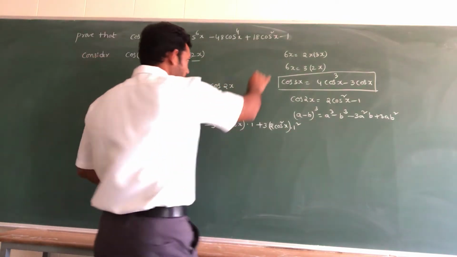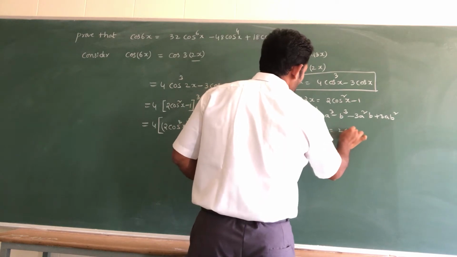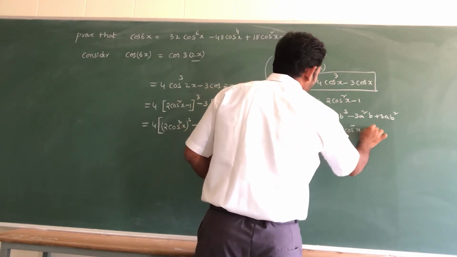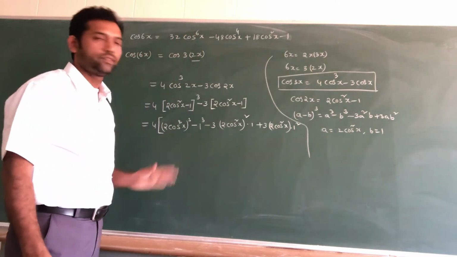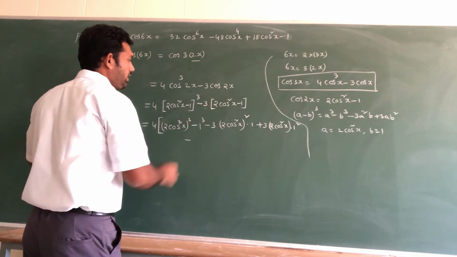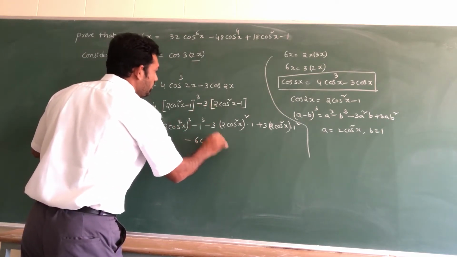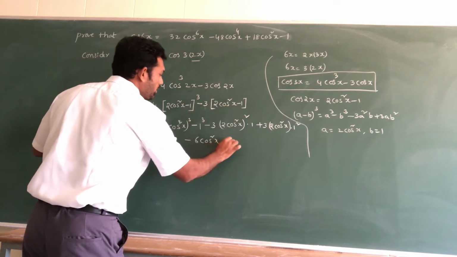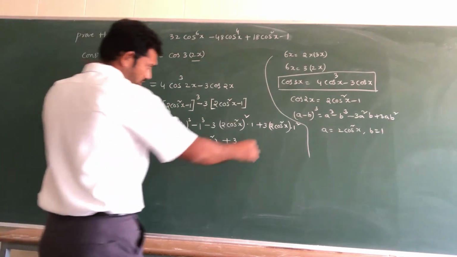So in this formula a is equal to 2 cos square x, and b value 1 is substituted. Minus, this value as it is you write. So 3 into 2, 6 cos square x. So minus 3 into minus 1 plus 3. Again you do simplification.